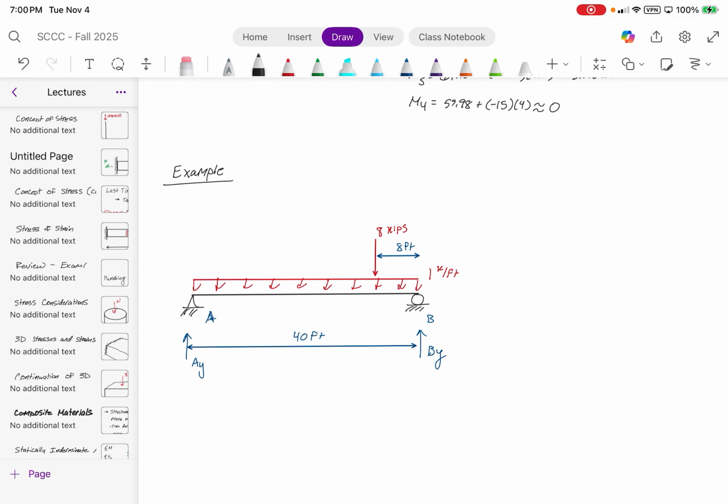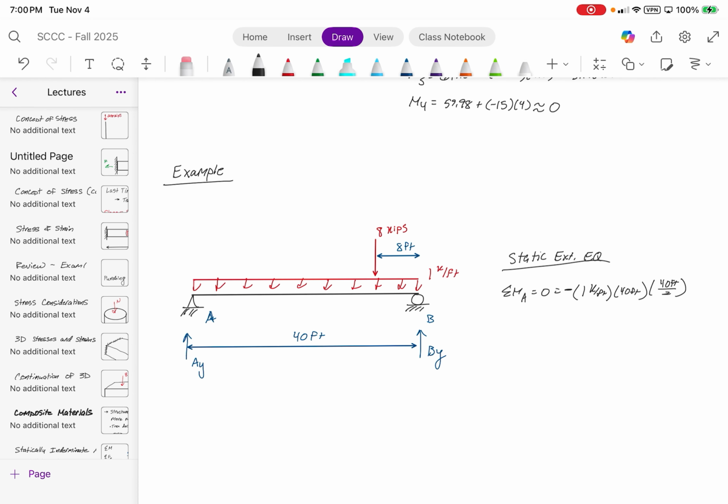First step, static equilibrium. Sum of the moments about point A equals 0. We have the 1 kip per foot distributed load over 40 feet, and its center is halfway along the distributed load, which is 40 feet divided by 2.